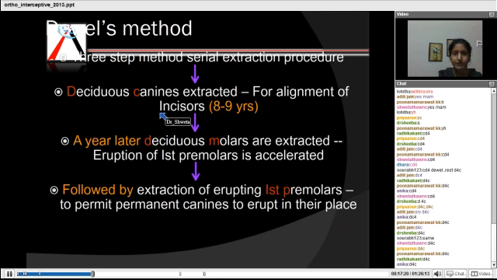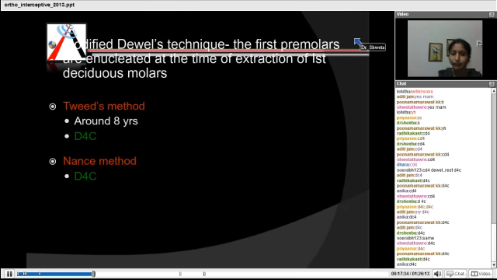Okay. Deciduous canines are extracted at the age of 8 to 9. After a year, deciduous molars are extracted. Then your first premolars are extracted. But Tweed's and Nance have given a different order, D4C. They want to retain the primary canine. Why? One is because they do not want to lose the arch length in the anterior region.